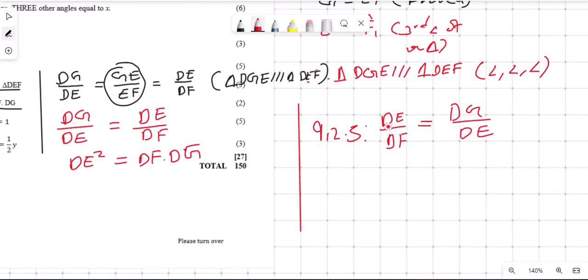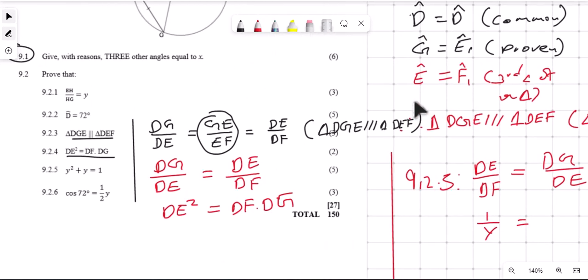So let's look at DE over DF. DE over DF is 1 over y. Is that correct? Yes, since DF over DE is y. Now let's go back to DG and check.